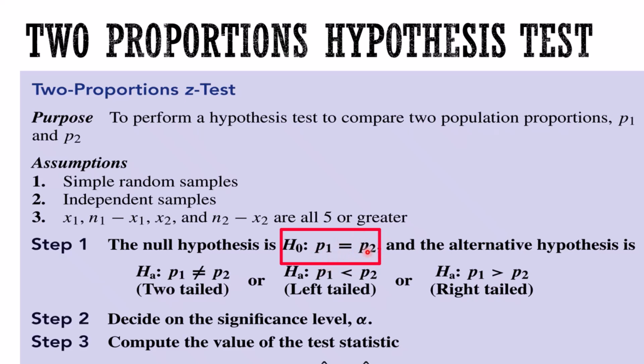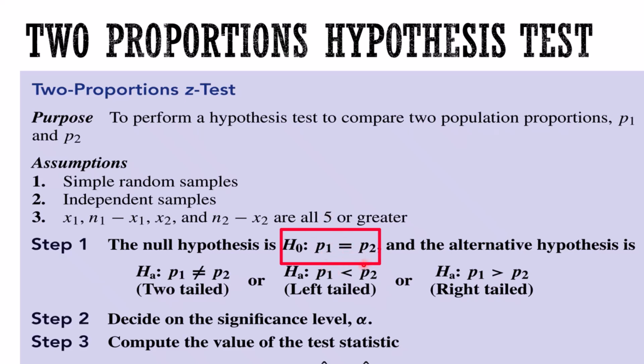It has to be left in variable form. Like I said, we are not interested in knowing what each of these values specifically are, but how they compare with each other. Are they equal to each other, greater than, less than, or not equal to each other? That's what matters in studies of two proportions. So p sub 1 equals p sub 2.